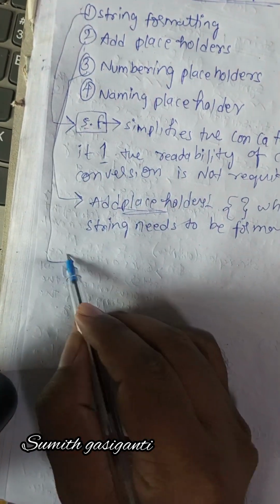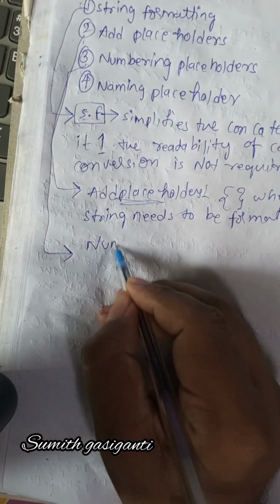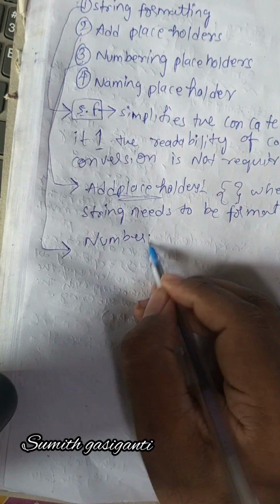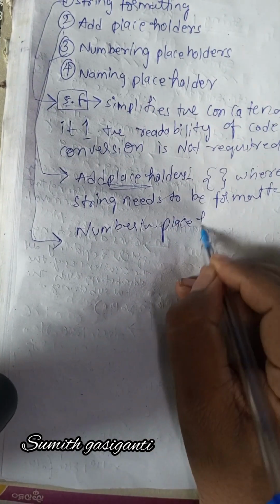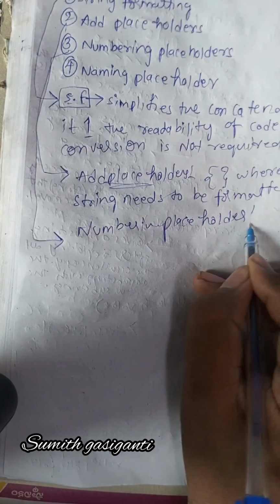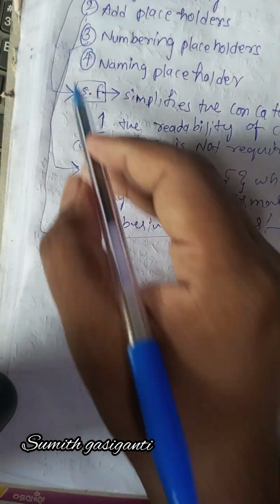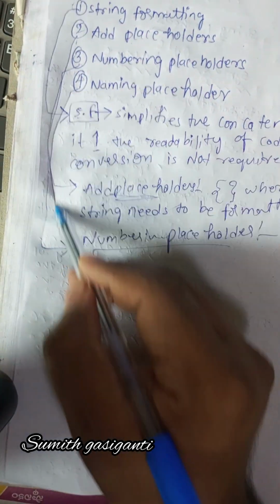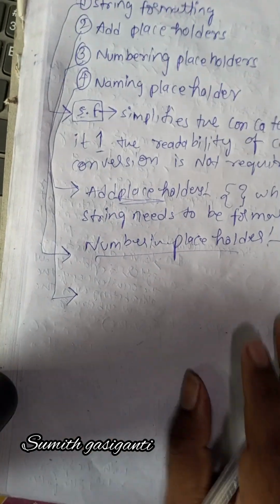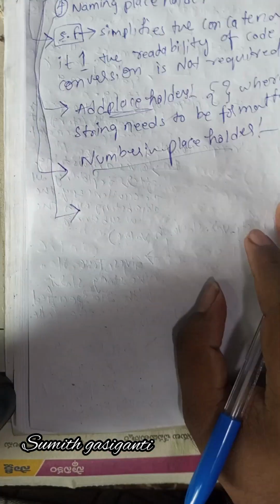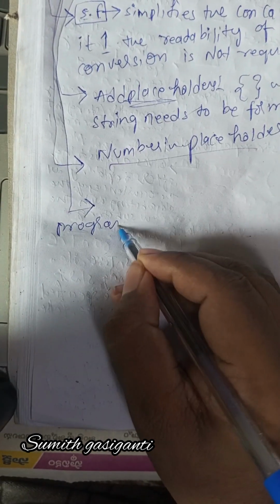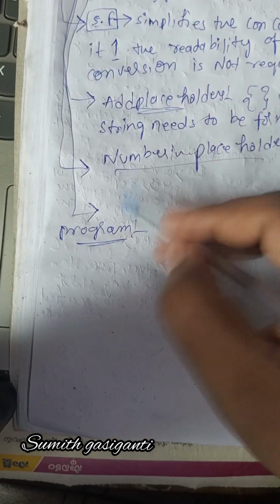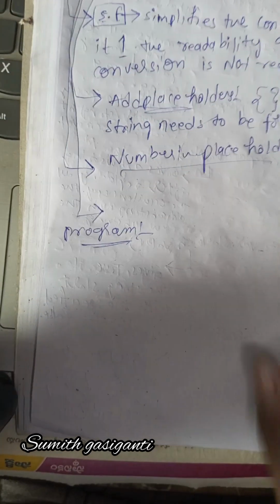Next I will explain the numbering placeholder, its definition, and also the naming placeholders. Before going to it, here I am writing an example for better understanding of the concept.